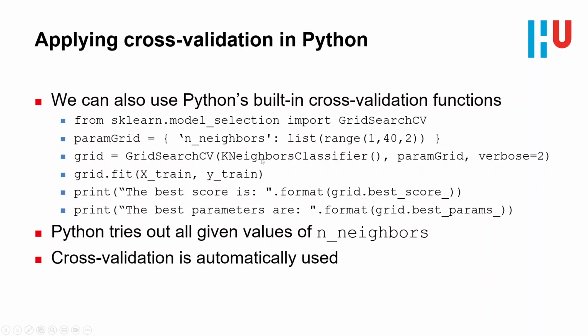Then we try this classifier with this parameter grid and train it. It then gives the best automatic outcome, which is pretty cool. And by the way, cross-validation is used automatically in this algorithm.